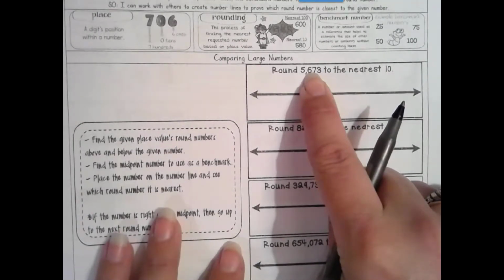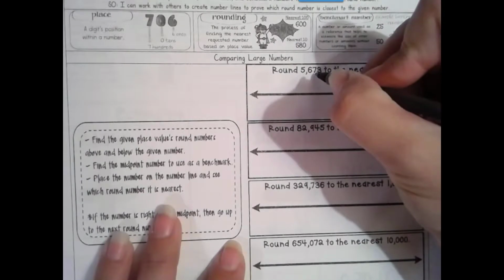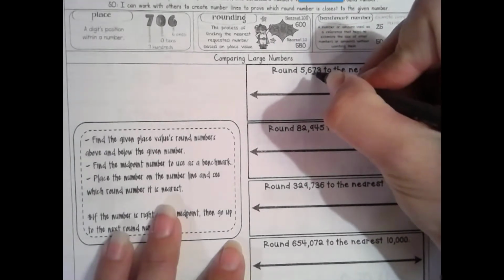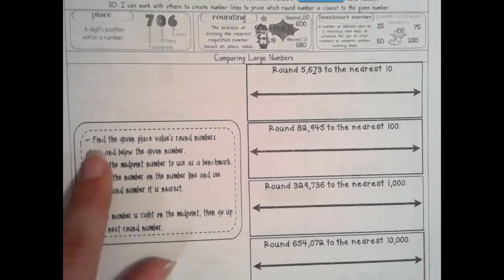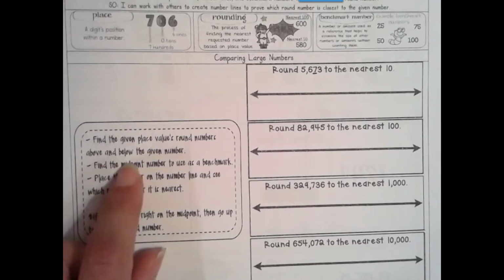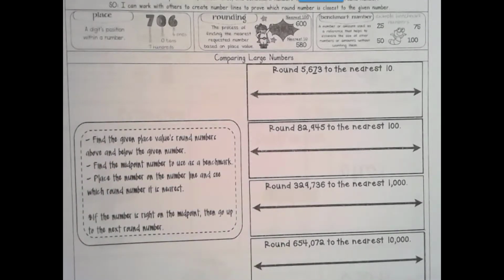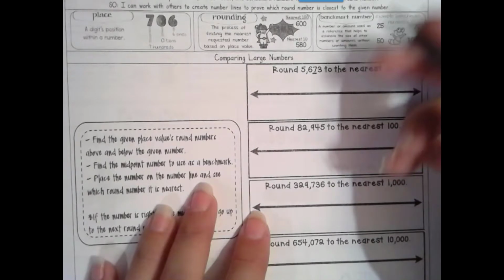So we're looking at this number here, and we're rounding to the nearest 10. So let's find our tens place. And our first step is to find the given place values, round numbers above and below the given number. Now they're called round numbers because they end with zeros. So below 73 would be 70.